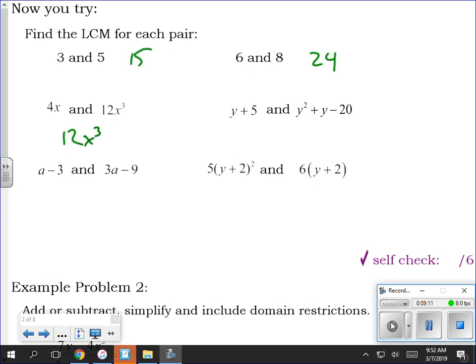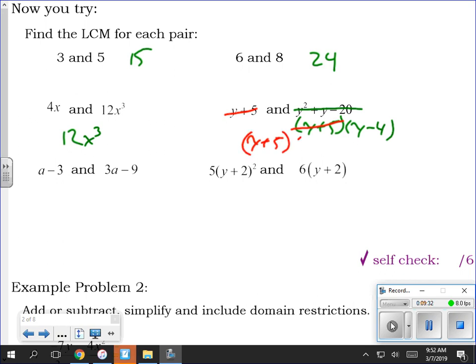The next one, factor it out. 2 numbers multiply to give me negative 20, add to give me 1. (Y plus 5)(y minus 4). And then I have to list what they have in common. They have a y plus 5.